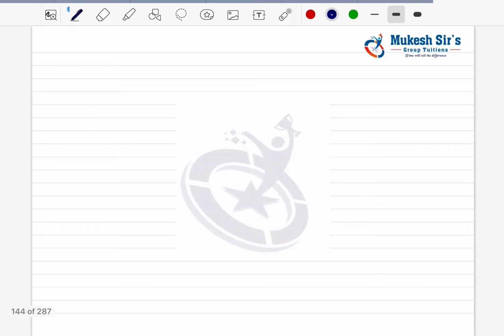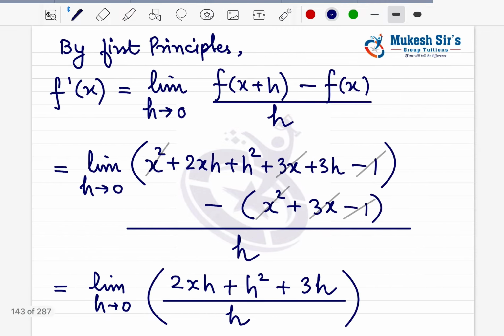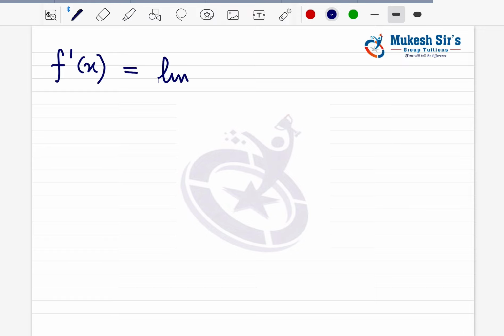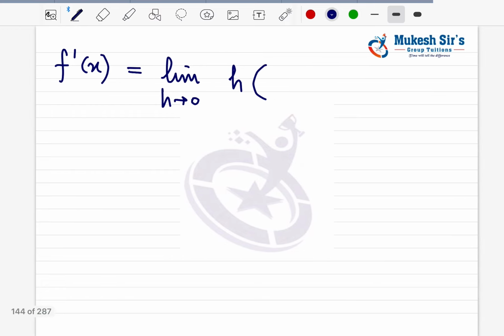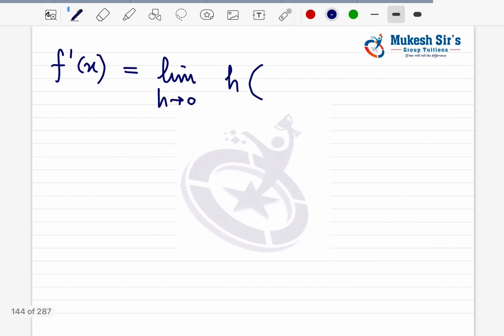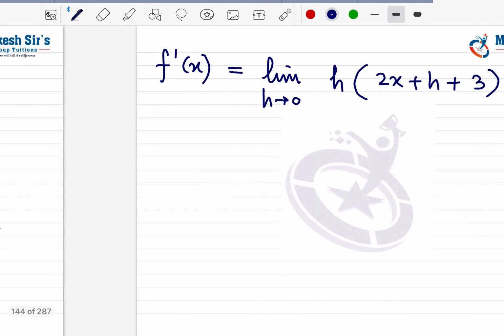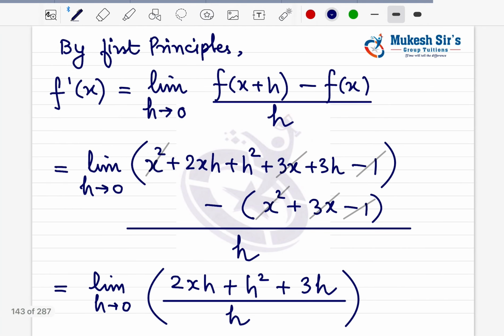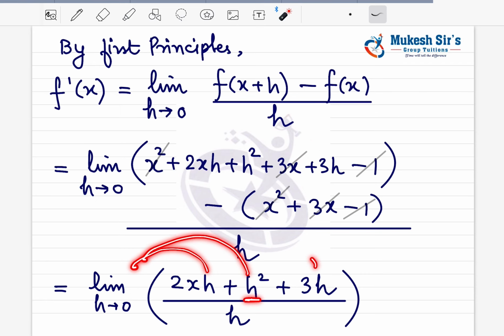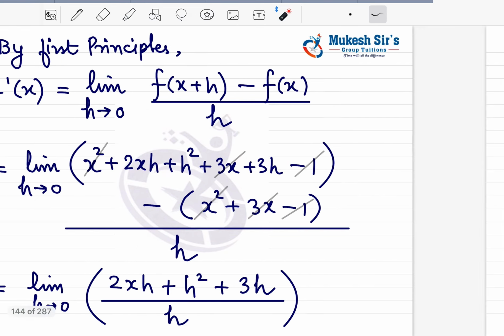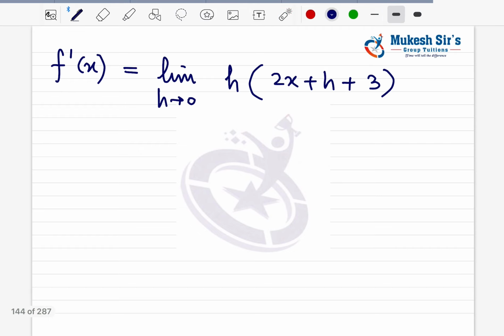So f dash x will be equal to limit h tends to 0, and if I take h common, then that becomes 2x plus h plus 3, the whole divided by h.